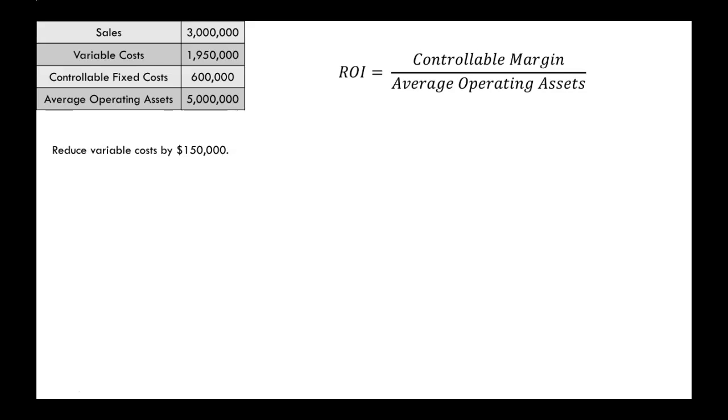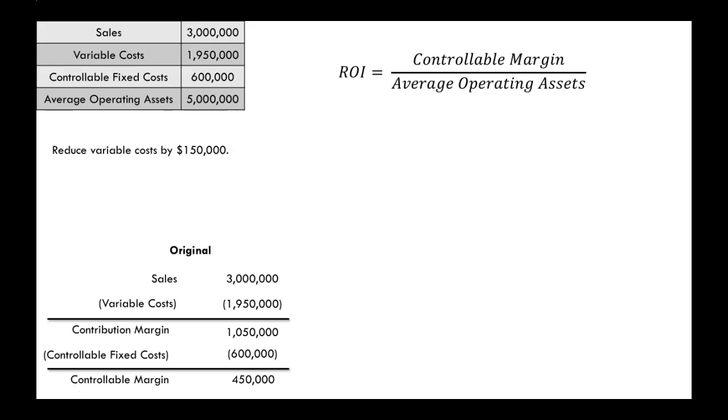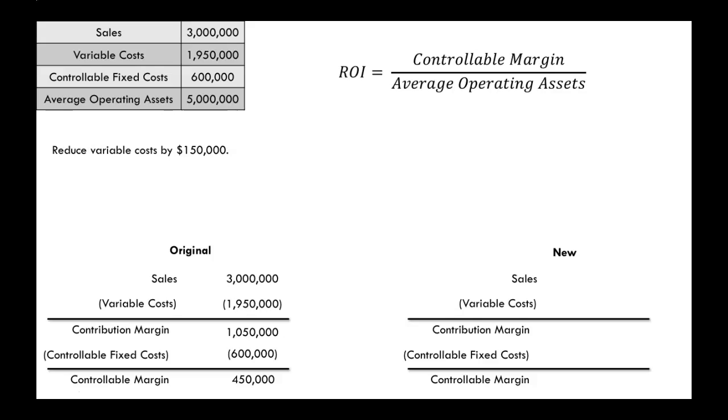Now our next part said reducing variable costs by $150,000. Okay, so there's our original. Then we need to fill out our new information. Sales goes back to just that 3 million, because remember, these are independent courses of action. So our sales remain at that 3 million amount. Variable costs, this is the piece that's going to change. It was 1,950,000. We're going to reduce that by $150,000.